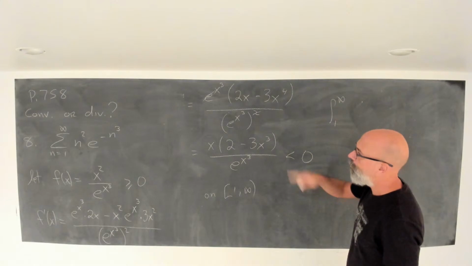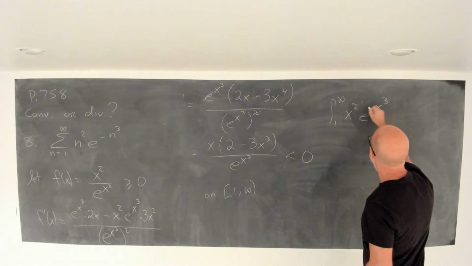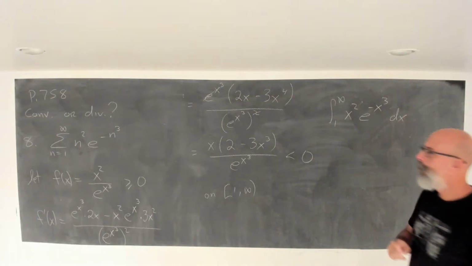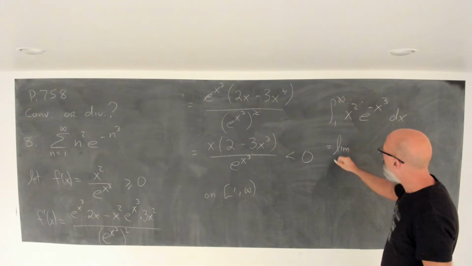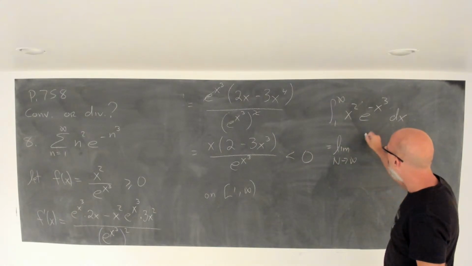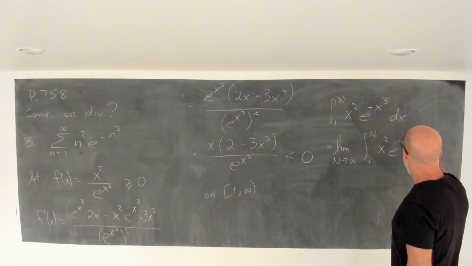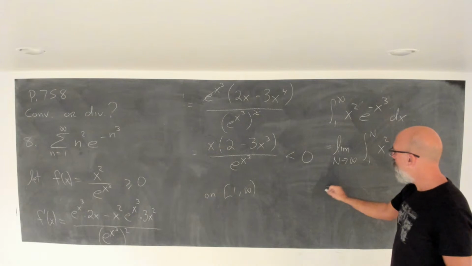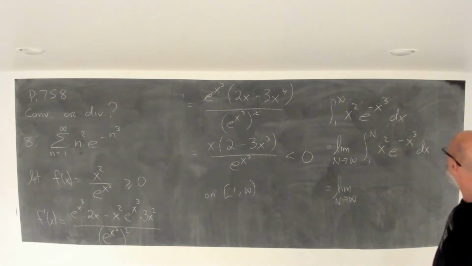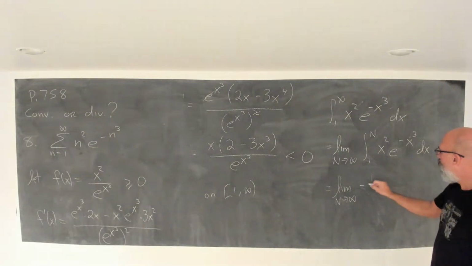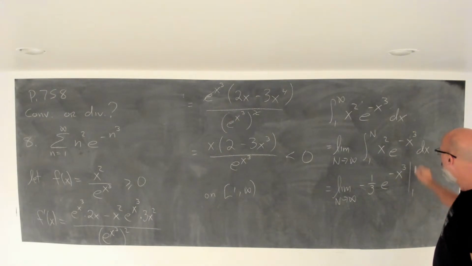The integral from 1 to infinity of x squared e to the negative x cubed. This being an improper integral, you know what to do here. This is a limit. The integration is trivial. You can do that in your head. What do we get? Negative 1/3 e to the negative x cubed. Is that correct?